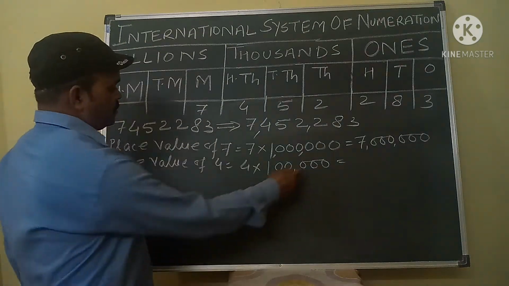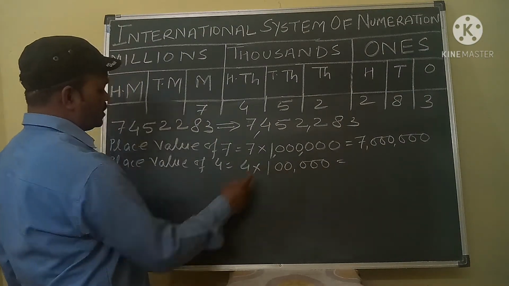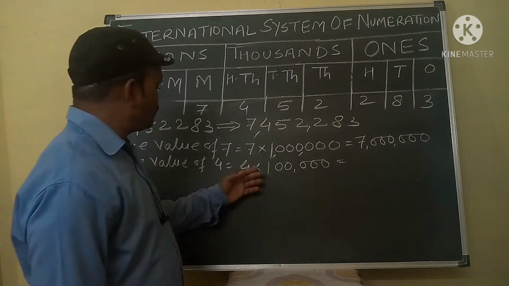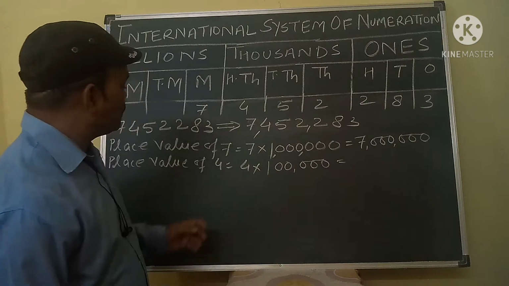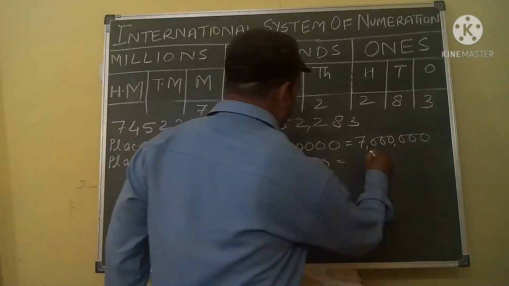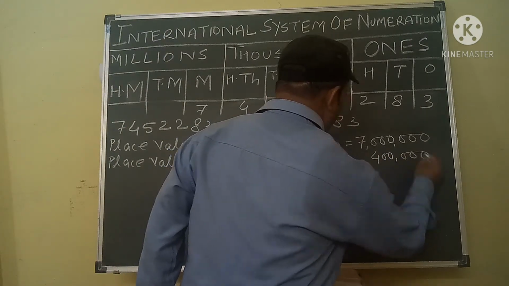Now look here, ones, tens, hundred, thousand, 10,000, 100,000. Place value of 4 will be 4 into 100,000. It will give to you 400,000. Okay.